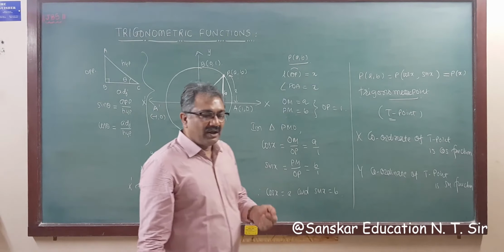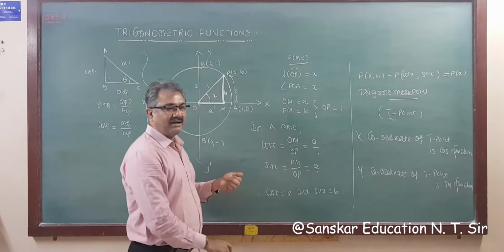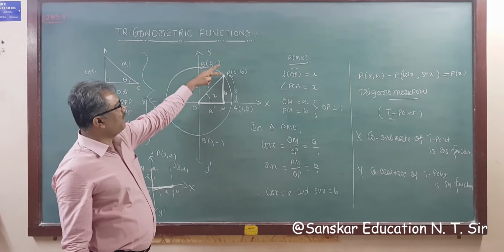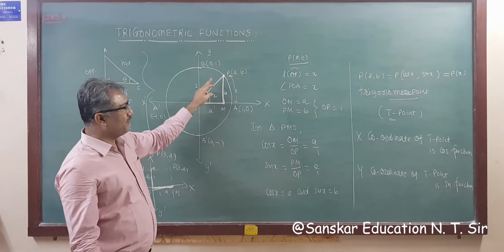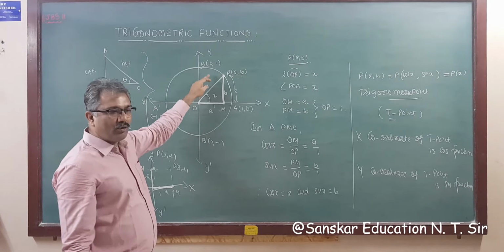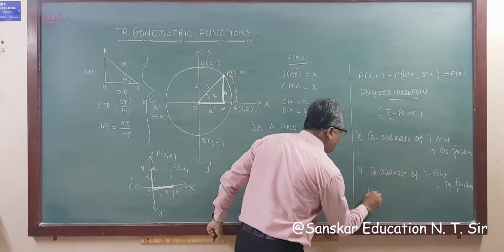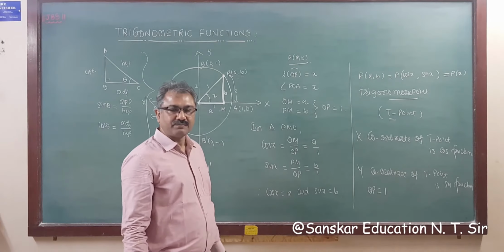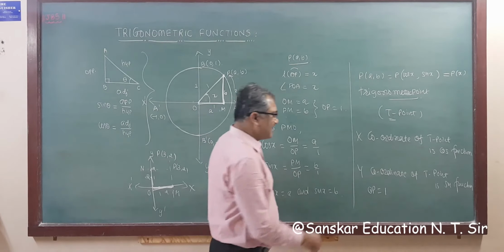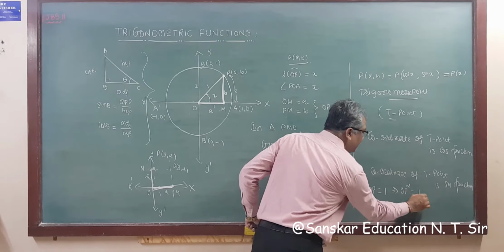Okay? So using this trigonometric function, we have this point P(A, B), and the length of this OP is 1. So if we square this, then what we get? This implies OP square is equal to 1.